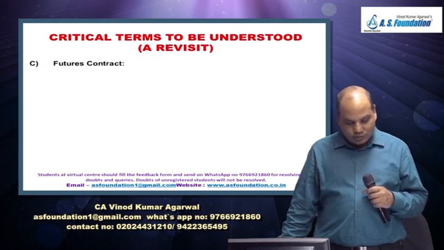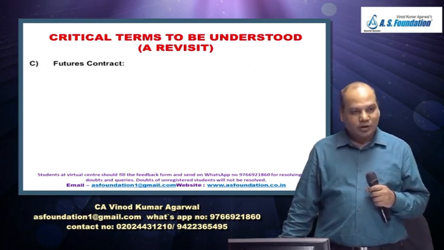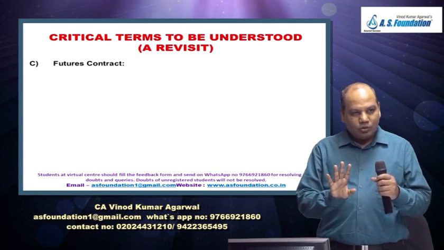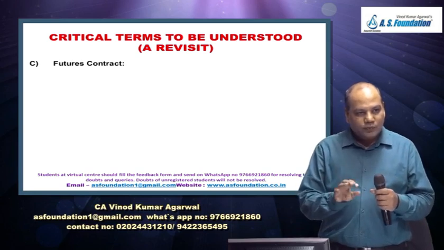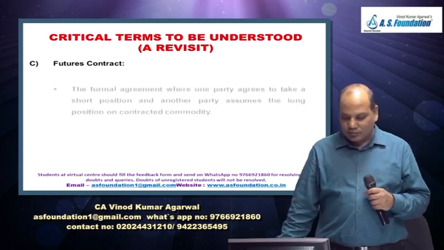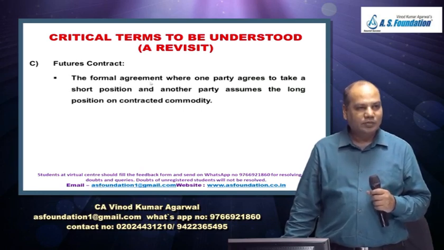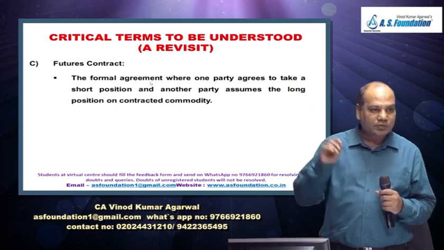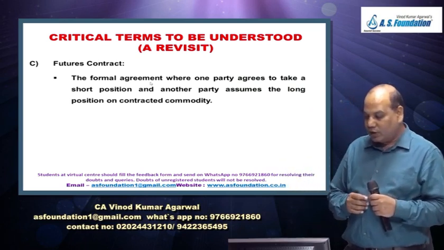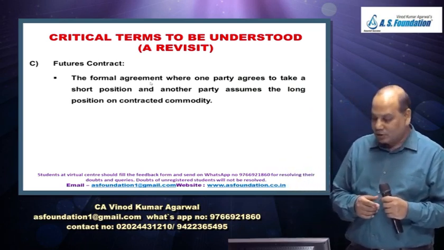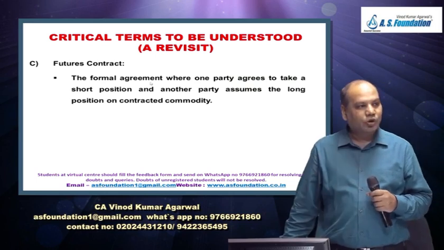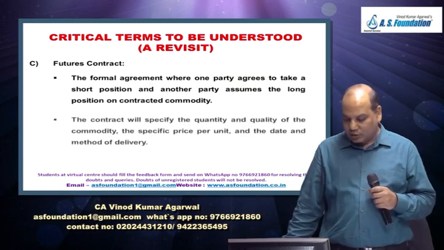Then point number C, future contract. What is a future contract? A future contract is a formal agreement, because it is through the exchange, where one party agrees to take a short position and the other party assumes the long position on the contracted commodity.